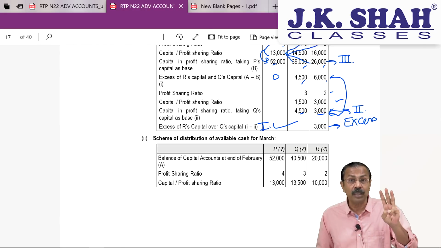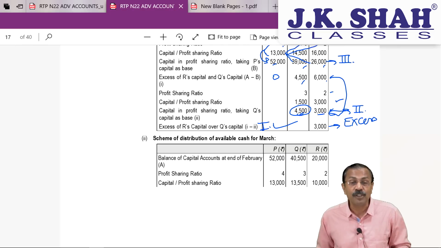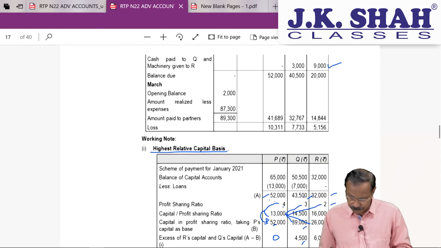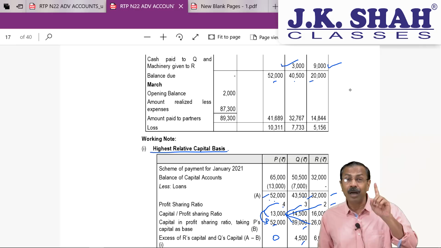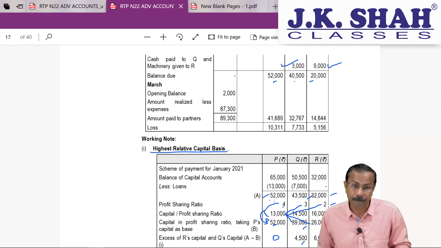So full 3,000 will be given only to Q. Not a single rupee will be paid to R, because instead of cash, to R we are giving a machinery, remember. So full 3,000 you give it to Q. After that, you have the balances. Remember, R we were supposed to pay only 3,000, but the firm has given him an asset of 9,000. Excess amount was paid at that point of time.